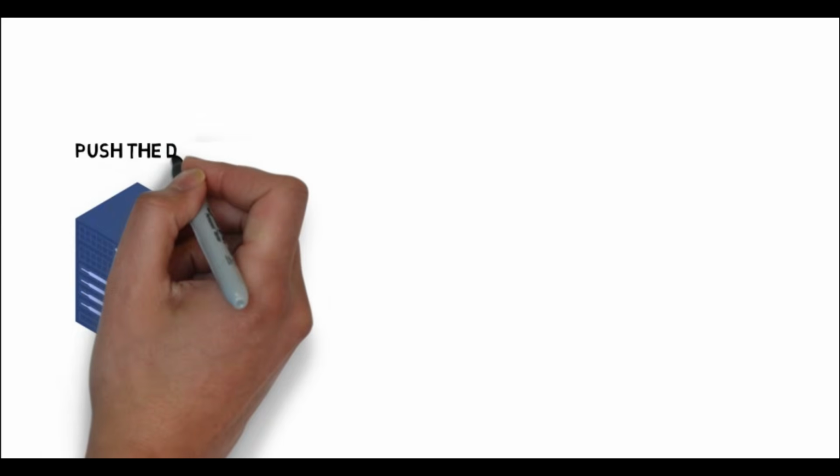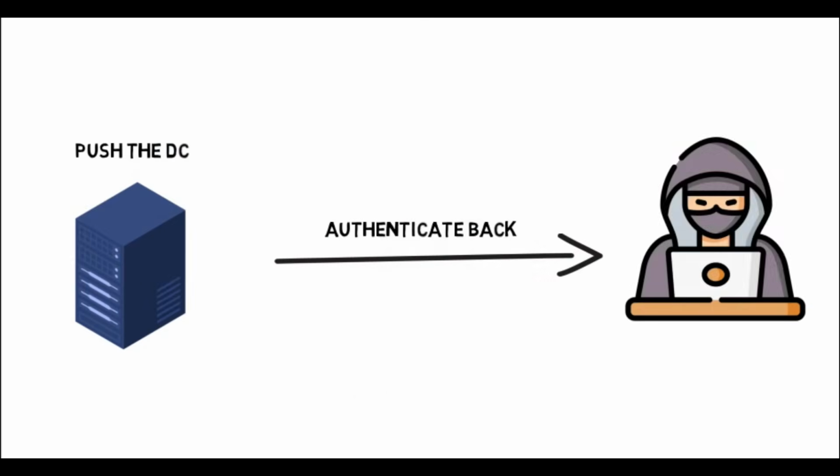Many of these services make the DC or the target machine authenticate back to the calling user. This tool automates this by calling a variety of DCE/RPC, Distributed Computing Environment Remote Procedure Call, services that lead to the target authenticating against the attacker machine.